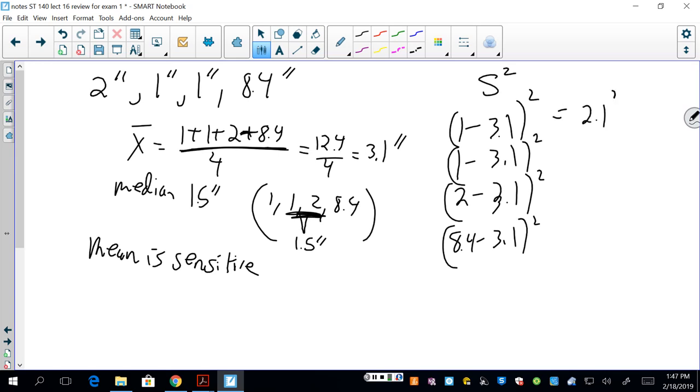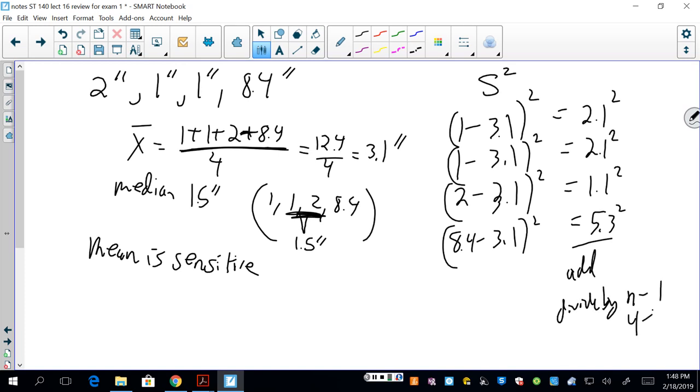So this is 2.1 squared, this is 2.1 squared, this is 1.1 squared, and this one is 5.3 squared. If you add those up and divide by n minus 1, which is 3 in this case, that's s squared.